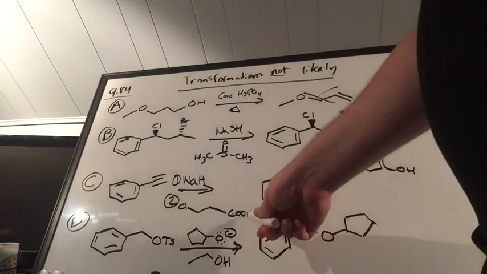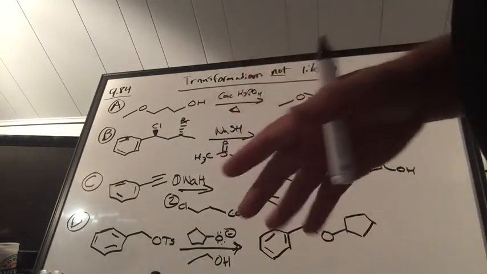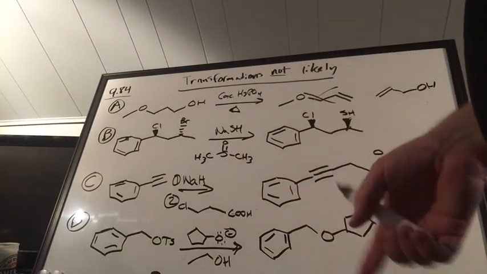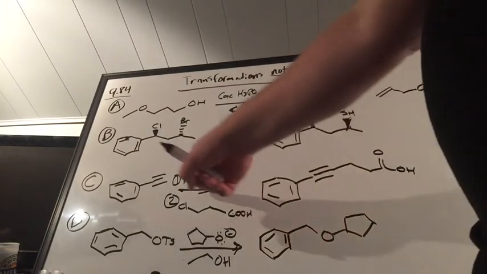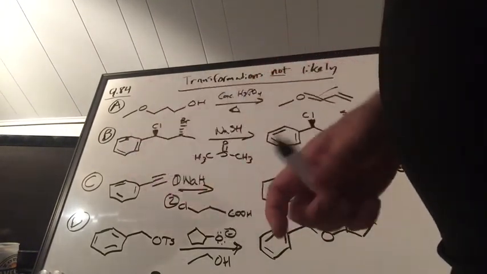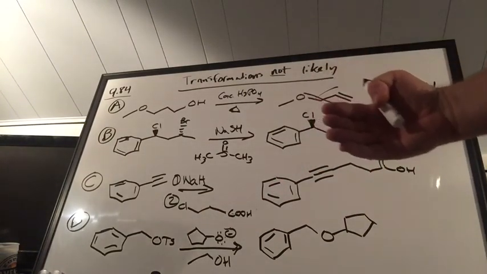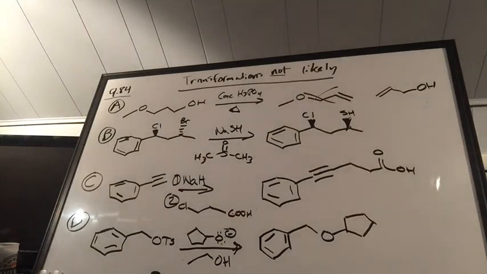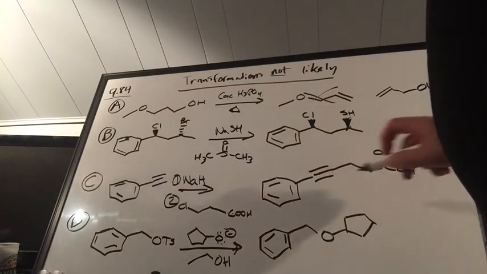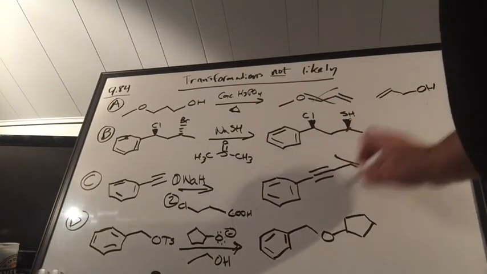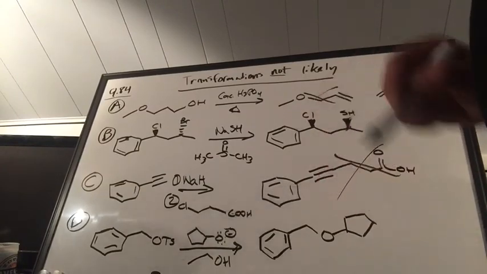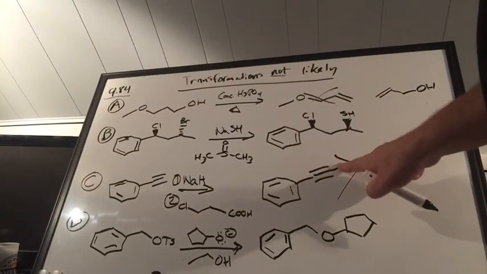But here's the thing: remember that proton transfer is going to happen the fastest. So what it's going to do is just basically revert it back to this. You're not going to see this product form at all. So remember that proton transfer is going to happen much quicker than coordination. In other words, you're not going to see this at all. You're just going to see what you started off with.